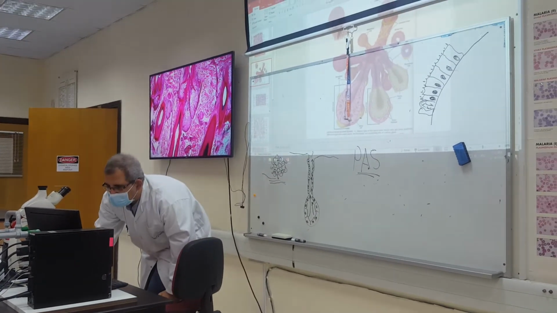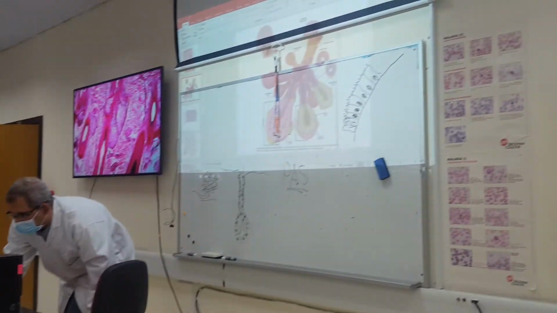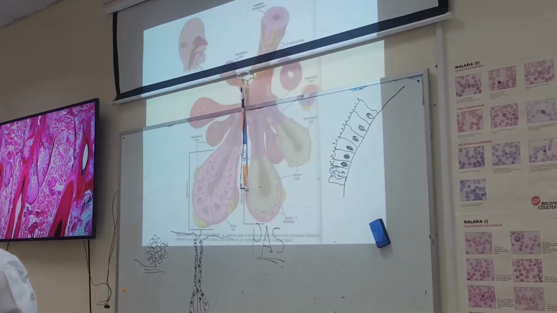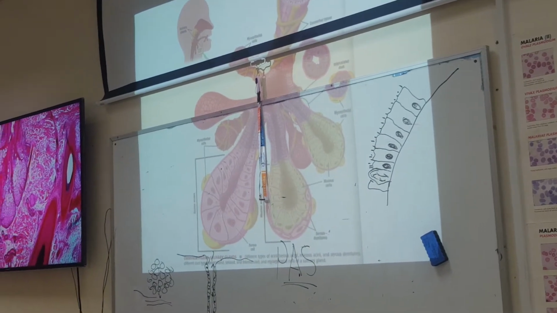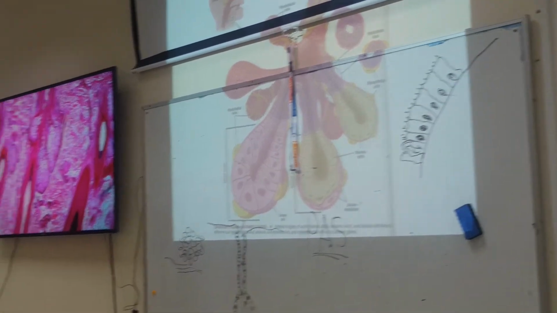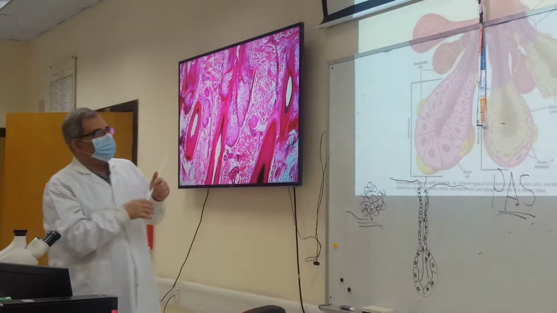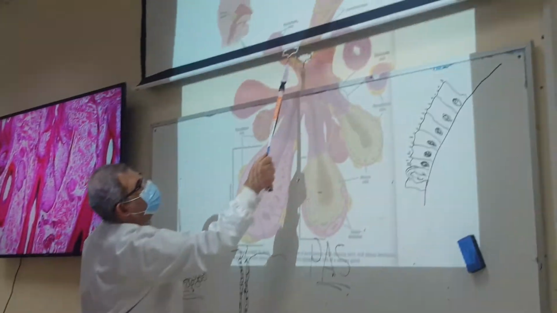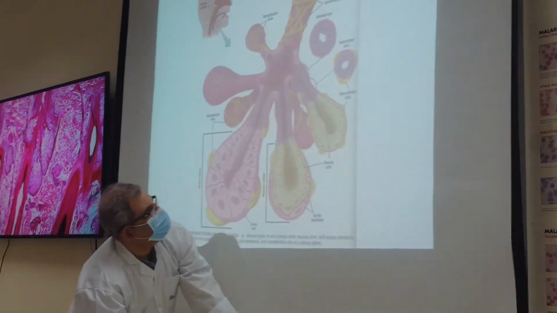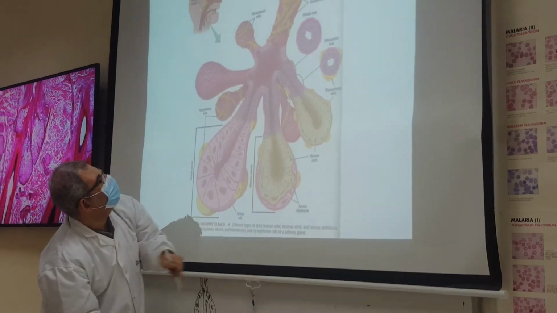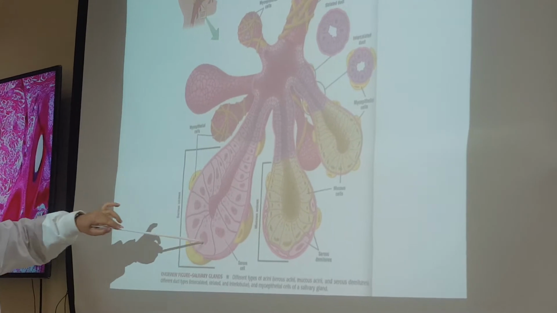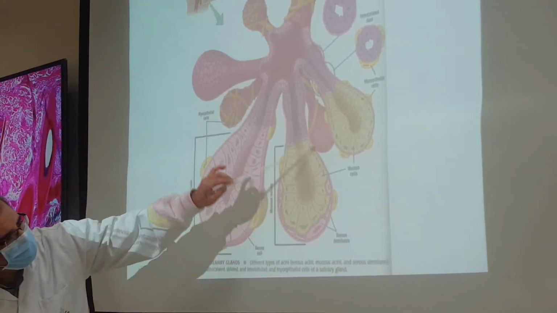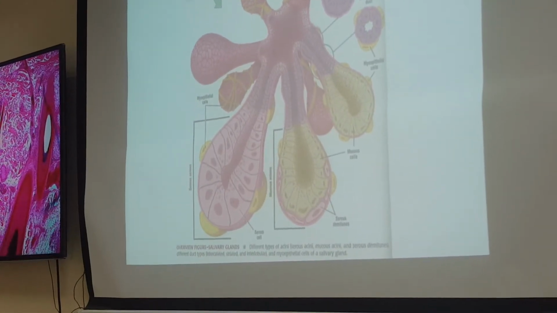Now, this is very important when we come to the salivary glands. When you look at the secretory glands, there are different arrangements of these glands. Either they are arranged like this at the end of the duct. Where is it?